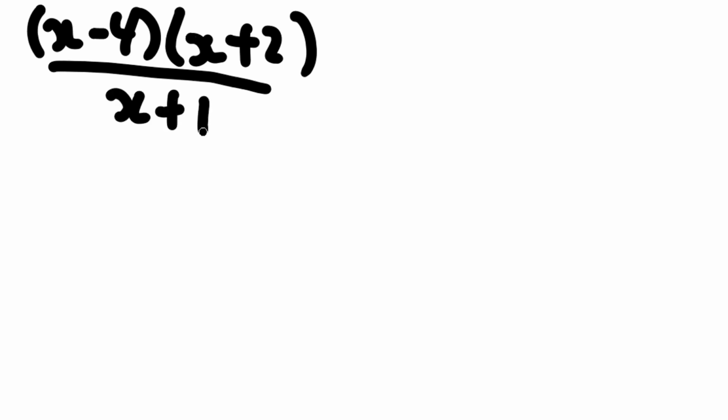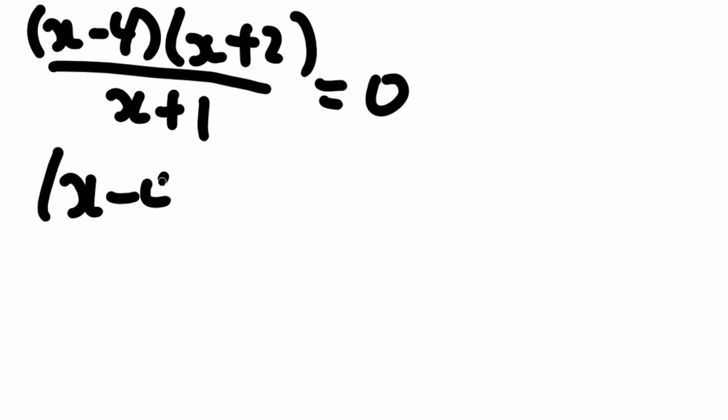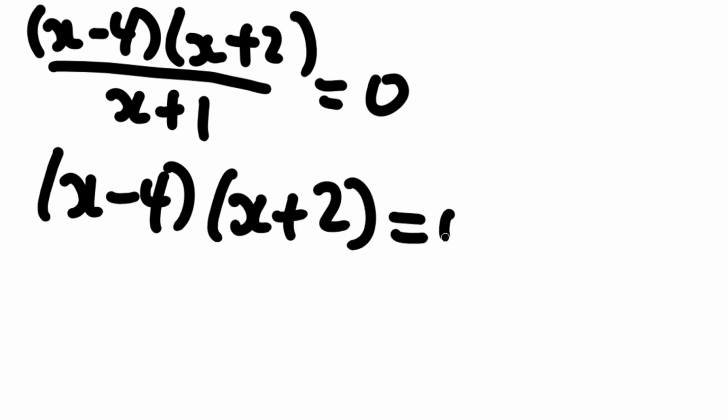The function again is x minus 4 multiplying x plus 2 all over x plus 1. We are finding the 0, so you set it to 0, right? So what we do is we just take the numerator, x minus 4 multiplying x plus 2 equal to 0. When we did factorization, we solved questions like this, right?